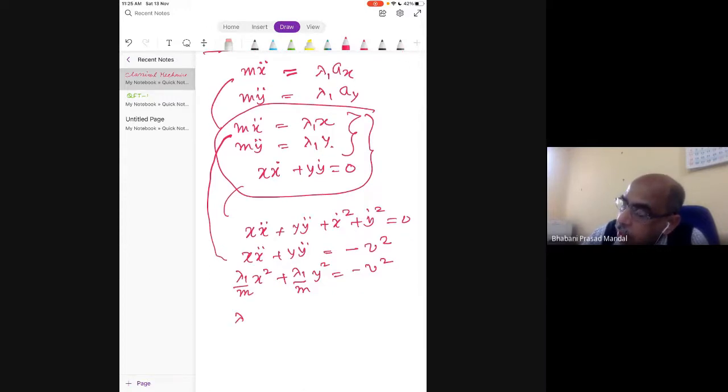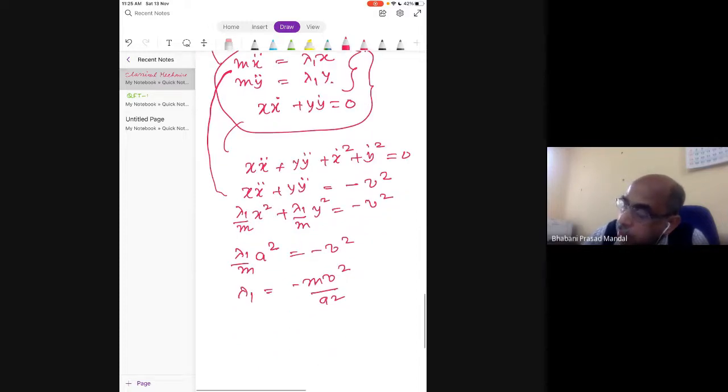Lambda 1 by m you take common, x squared plus y squared is s squared, equal to minus v squared. So lambda 1 will be minus m v squared by s squared. So lambda 1 is proportional to m v squared by s, which is centripetal force.